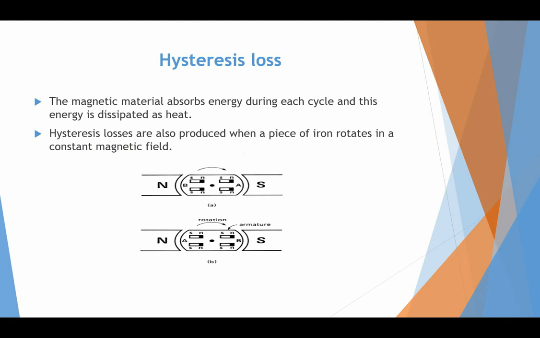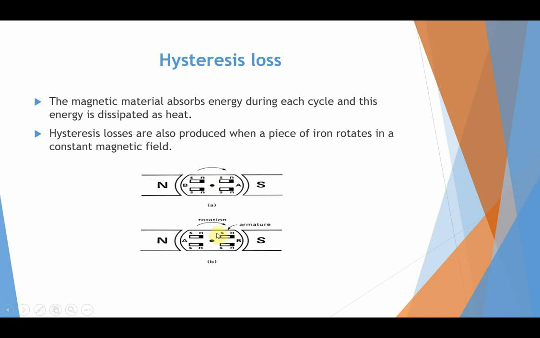So hysteresis losses are produced when a piece of iron rotates in a constant magnetic field, as shown in this figure. We have a north pole and a south pole, and this iron rotates in this field. We have south and north poles under the north pole, and south and north poles under the S pole.